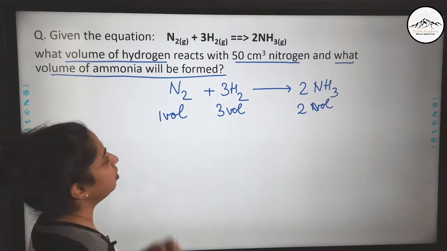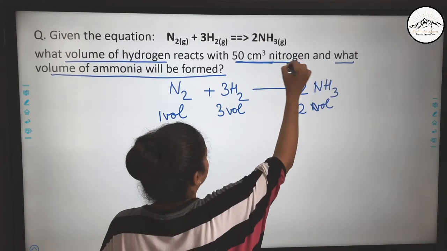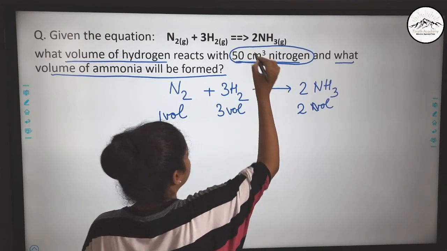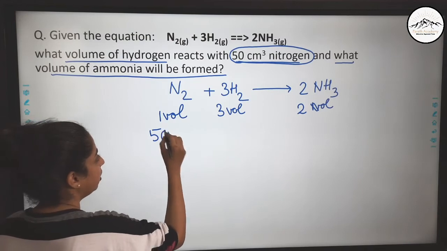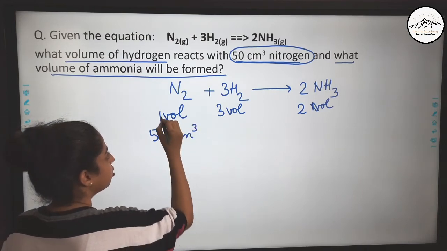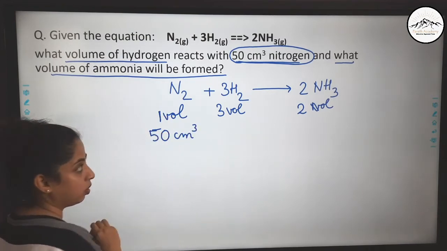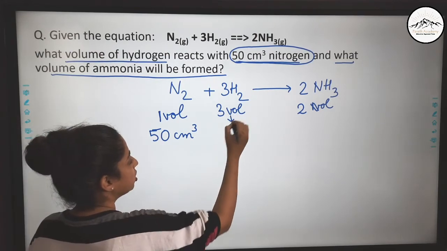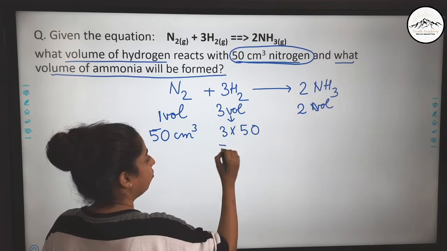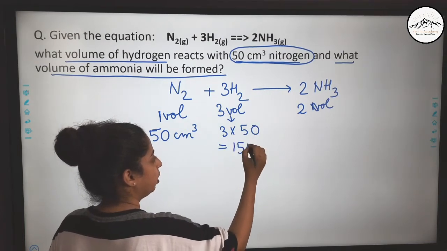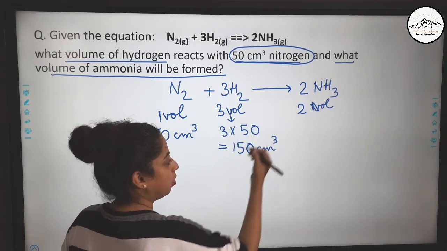Right. Now they have given the volume of nitrogen as 50 centimeter cube. So 50 centimeter cube corresponds to 1 volume. So 3 volumes will correspond to 3 into 50, so it is 150 centimeter cube. Right?